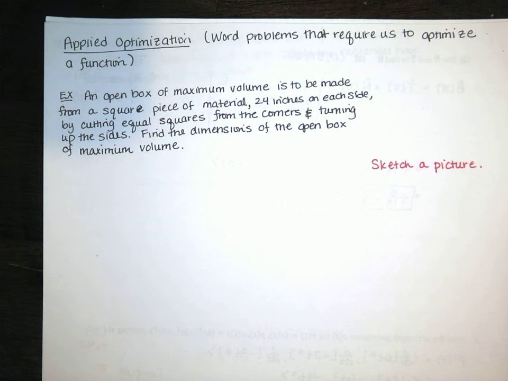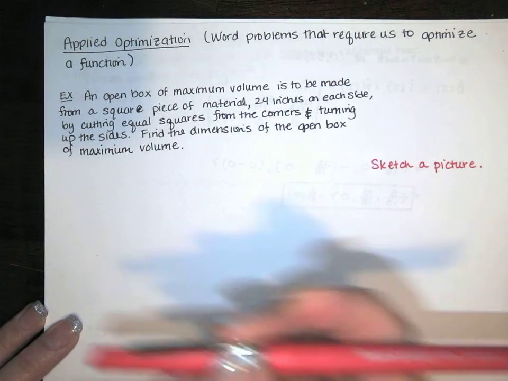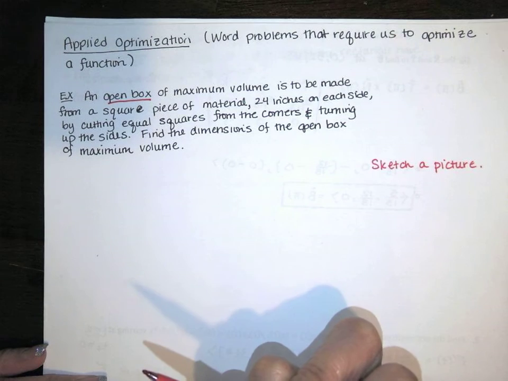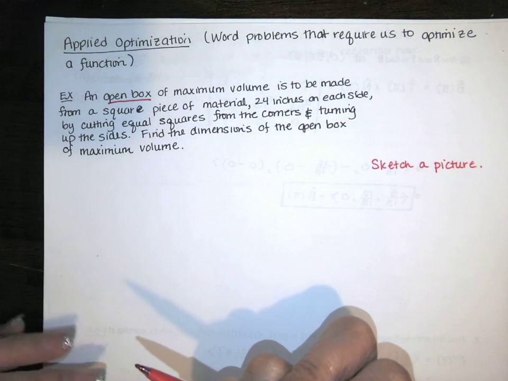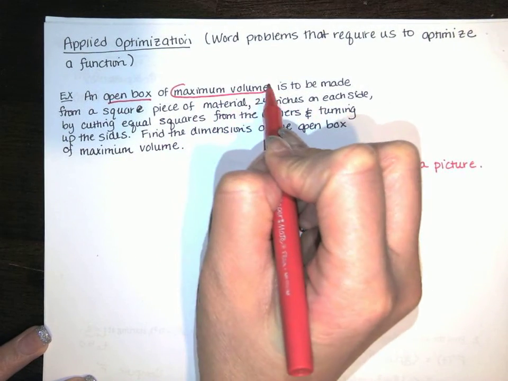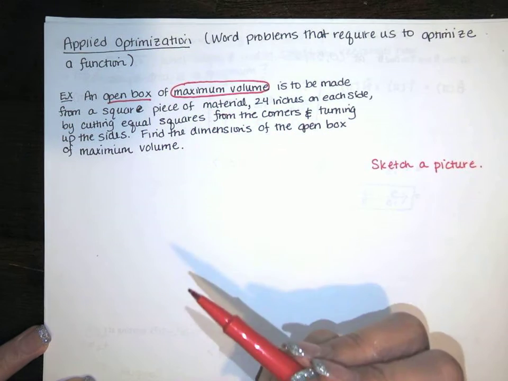And then we'll read the problem statement again, looking for any pieces of information that are relevant to solving the problem. So first, we're told that we have an open box. So it's a rectangular box and it doesn't have a top. And we want to maximize the volume. I'm going to circle that because that tells us exactly what we're optimizing.